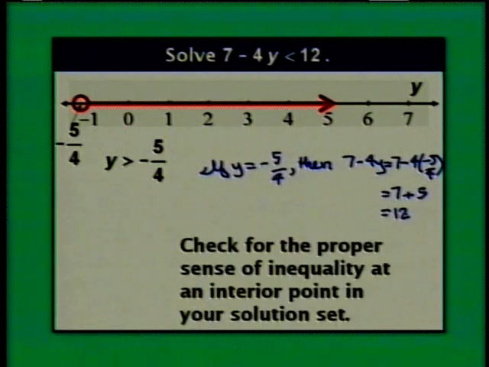Now I need to check for the proper sense of inequality at an interior point in my solution set. So I think the easiest test point for me is going to be y equals 0.